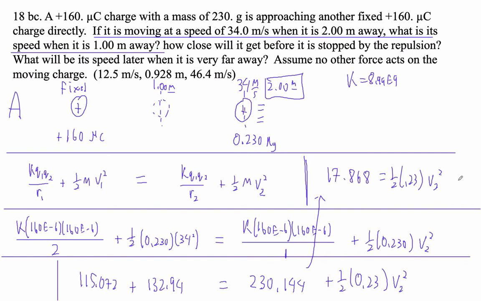All right, we can do this. Okay, so times 2 divided by 0.23, that's v squared. Let's take the square root of that. 12.46. V2, so when it gets to here, it's going 12.5 meters per second.